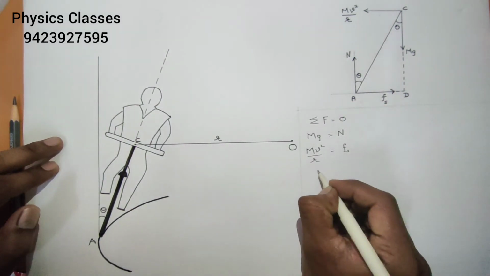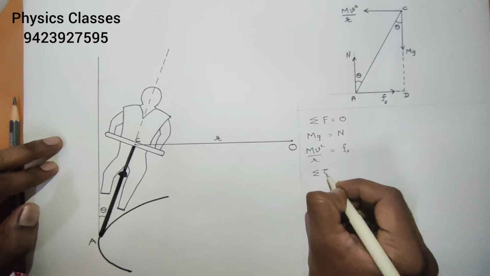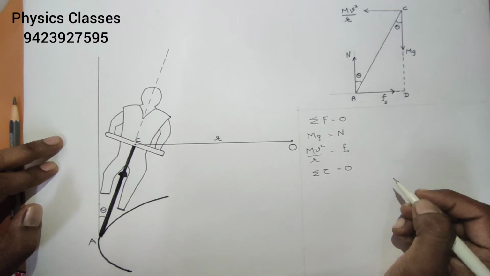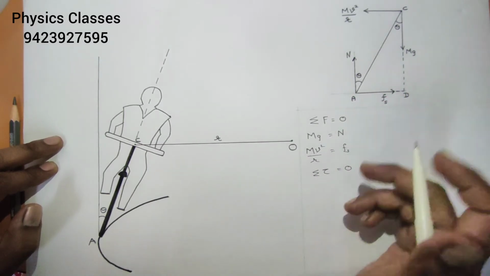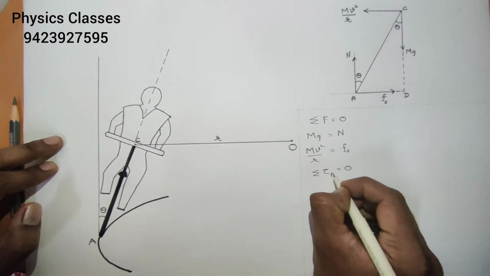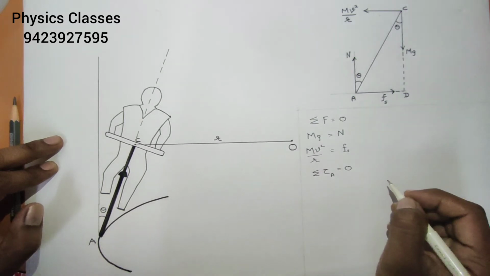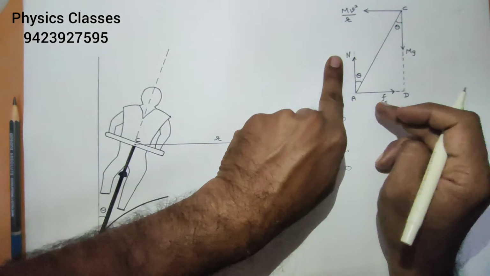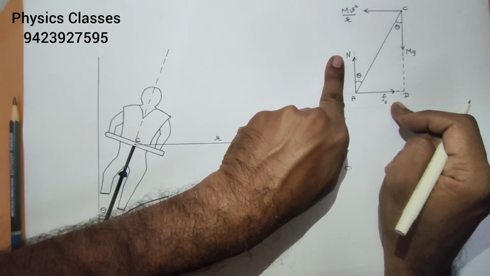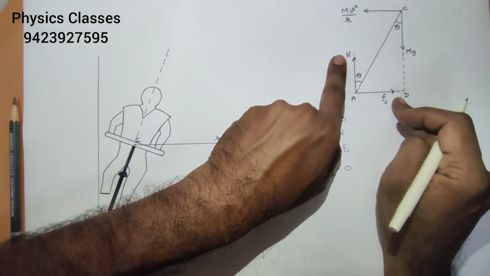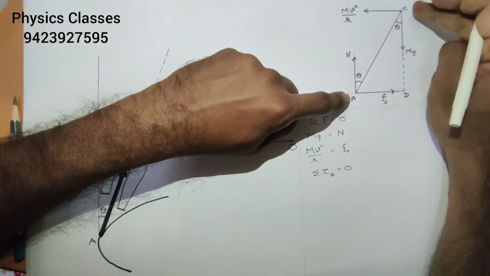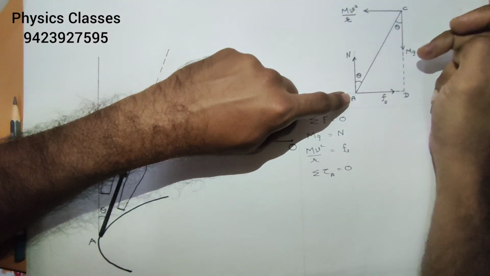So summation of torque is equal to 0. Now torque about what point? You can take torque about any point. Let us say torque about point A is equal to 0. So taking torque about point A, the normal reaction and the static frictional force will not contribute to any torque about point A. So the torque will be due to mg and mv square upon r.